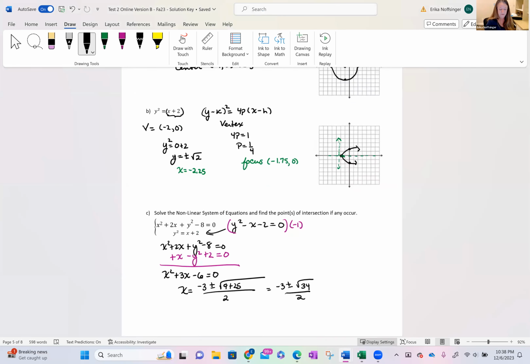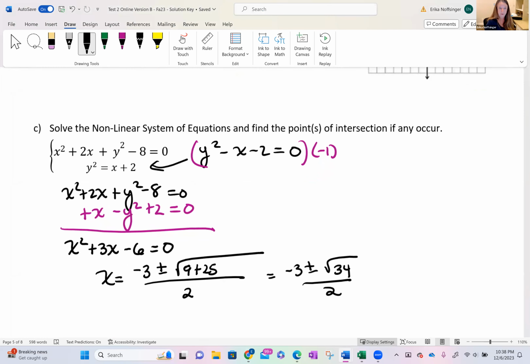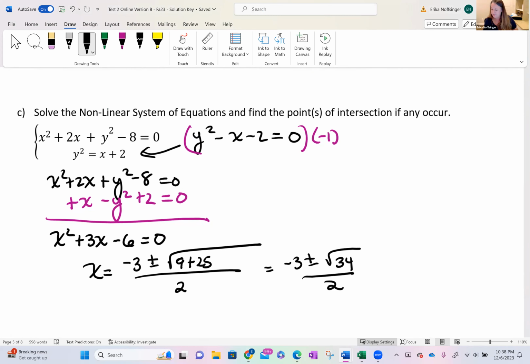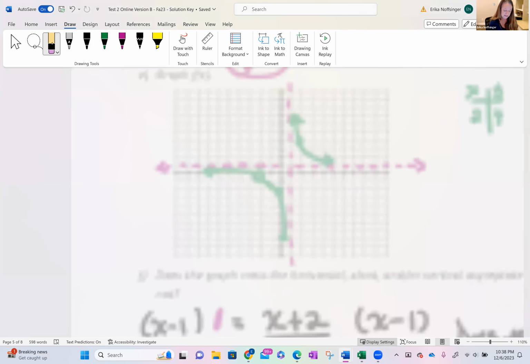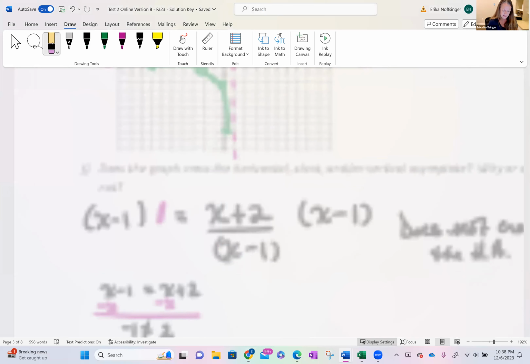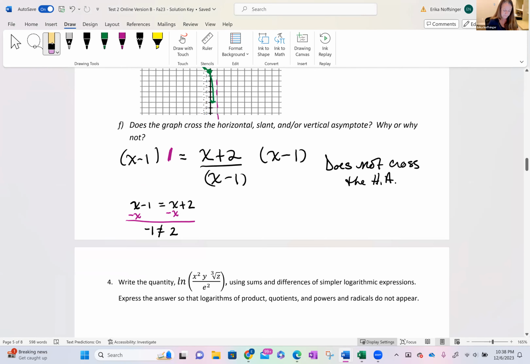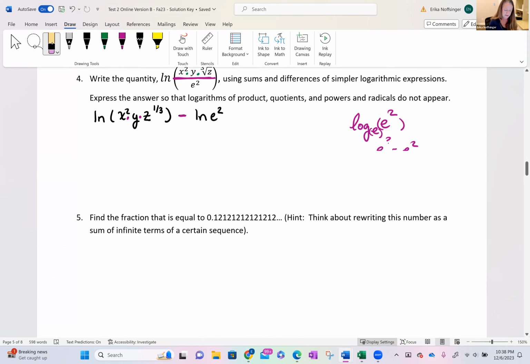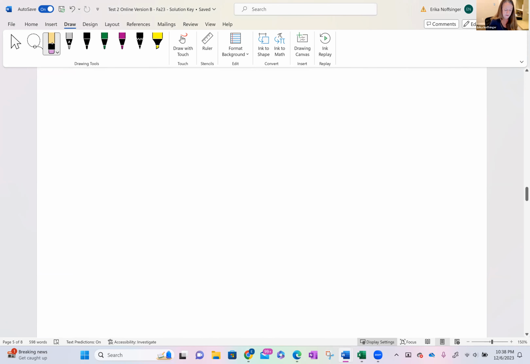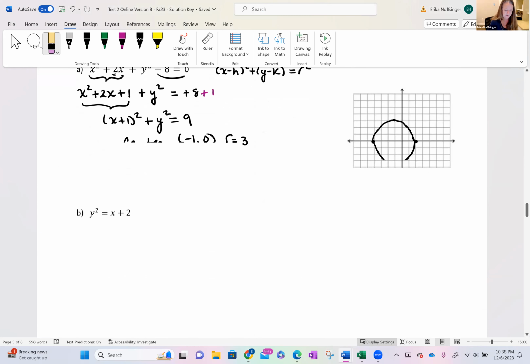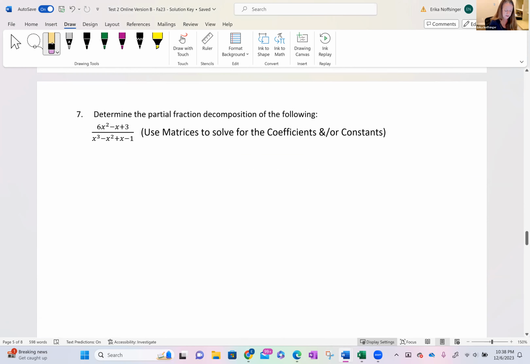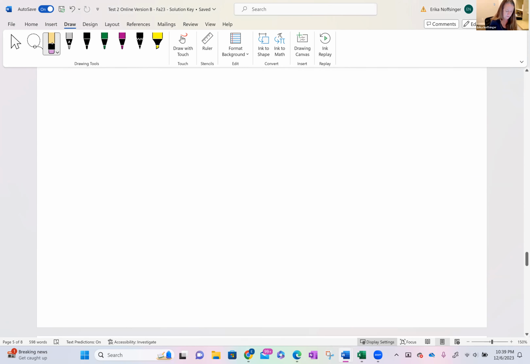Okay, so I need to be careful. Going back and checking my work and plugging this into the calculator, making sure I didn't do anything wrong, I noticed that when I was multiplying to get what the radicand was, what was underneath the radical, I did that wrong.